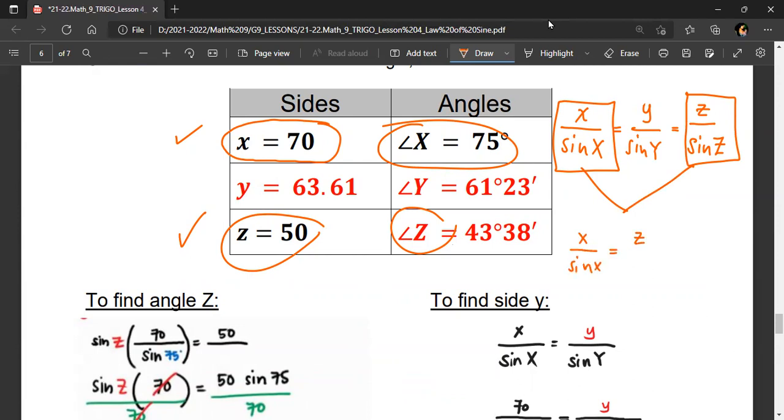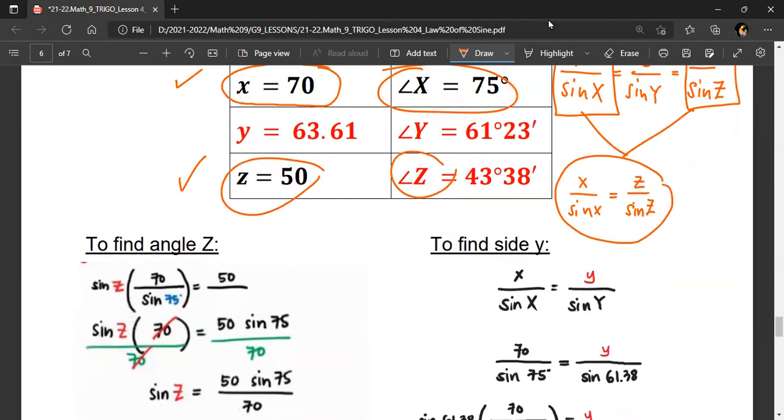So, side Z divided by sine angle Z. In this manner, this sine law will be used to find angle Z. Since X are complete, Z is missing. So in this manner, we will change some values. The values for X will be changed into number 70. Change meaning we substitute the given values.